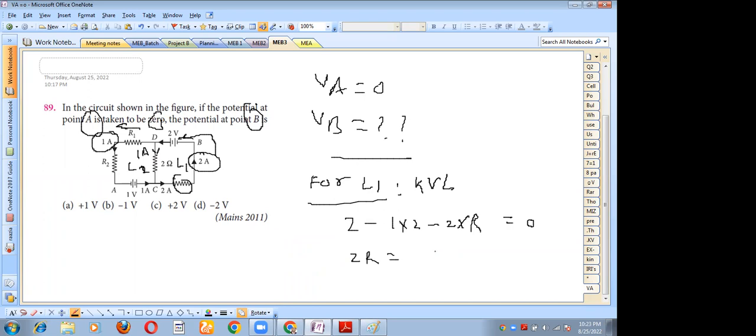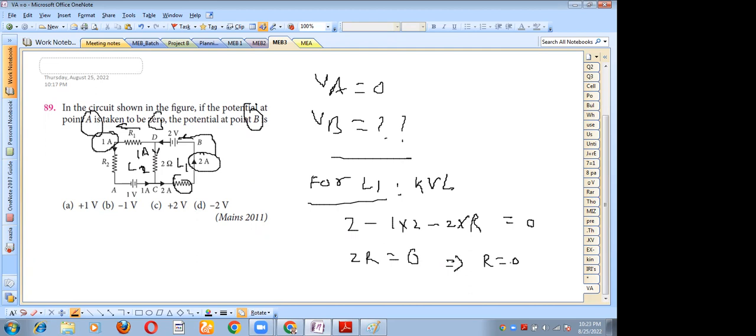2R will be equal to 2 into 1 minus 2 into R, that should be equal to 0. So from here you are getting the value of R as 0. Is it possible?